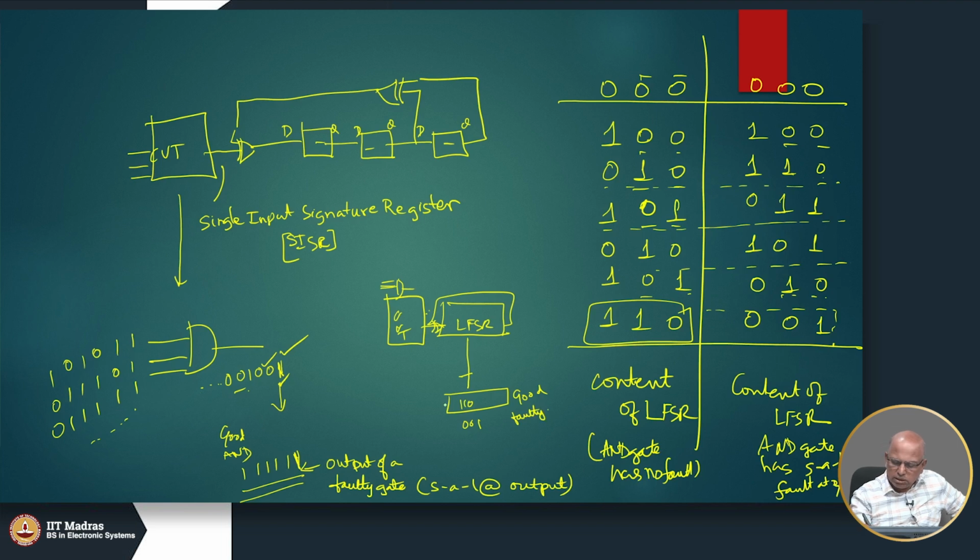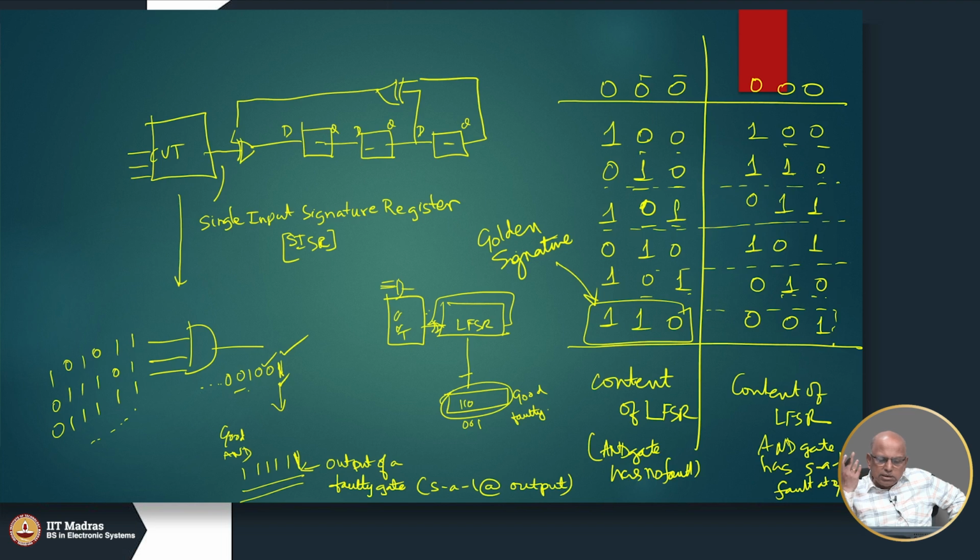So, this is the signature of the AND gate. For a good AND gate, 110 is the signature; sometimes we call it the golden signature. So, the signature of the good circuit is the golden signature.